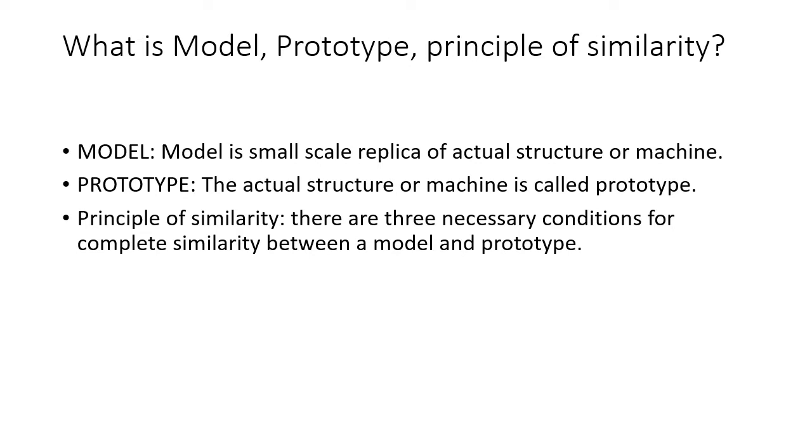The actual structure or machine is called a prototype. If you are going to make a ship of its original dimensions, then we call it a prototype. So there are three necessary conditions to compare, to relate model and prototype.